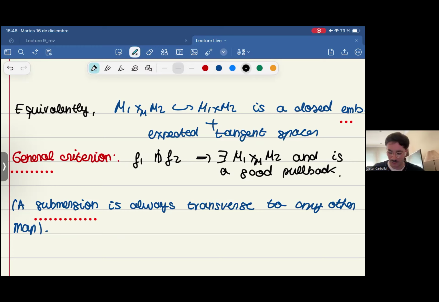So somehow the important thing is if you have transversality, you're in a good place. And if moreover one of the maps forming the pullback is a submersion, then everything holds, very great.